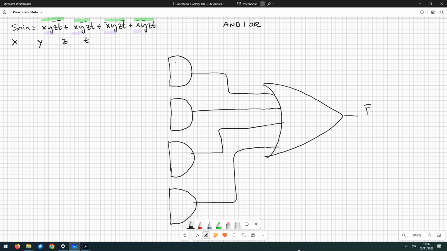In the first gate we have x, y, c negated, and t negated.